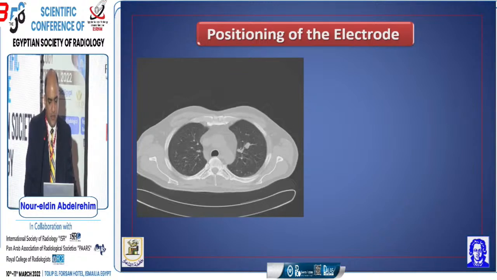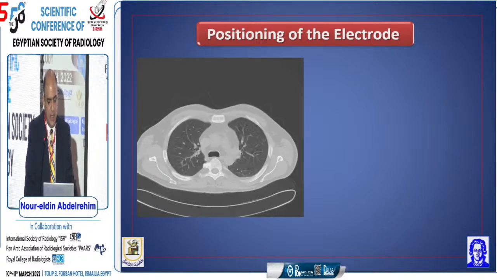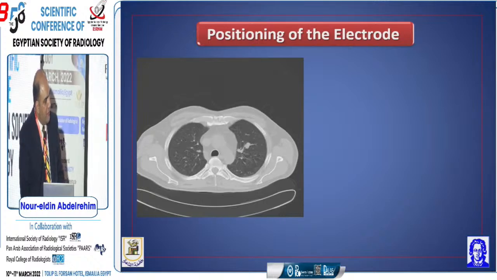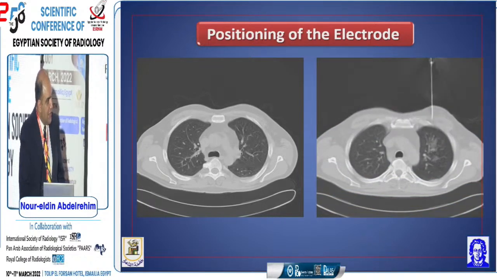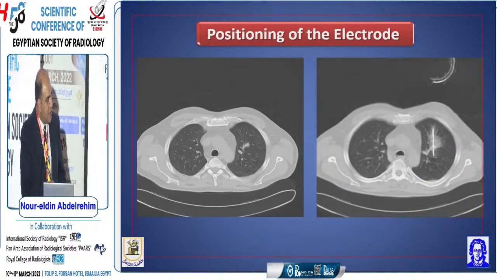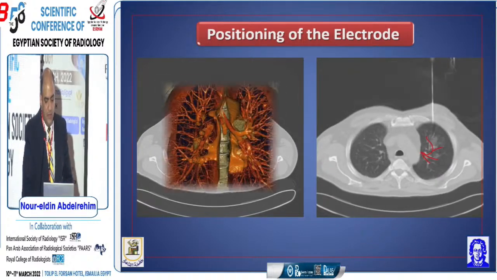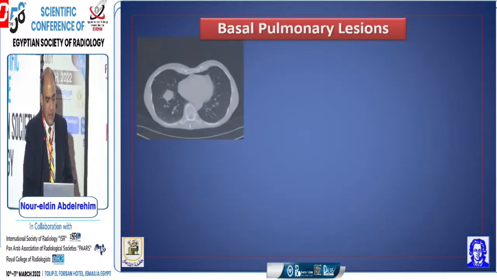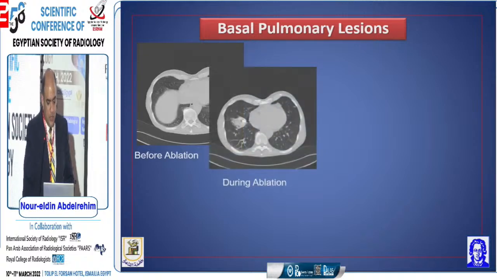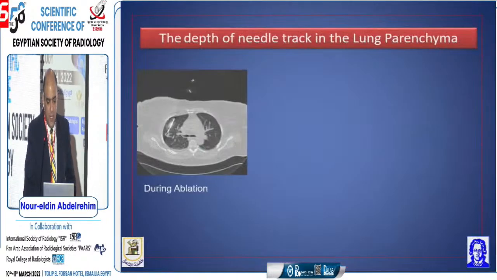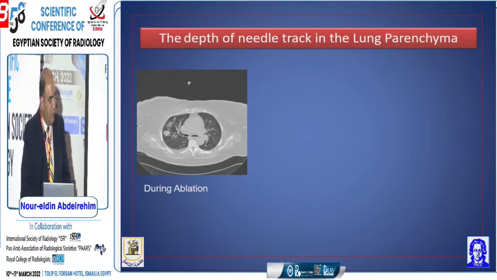Regarding positioning of the electrode, you can see in this example the lesion is centered over a pulmonary vessel, so getting access from the anterior aspect has a higher incidence of traversing pulmonary vessels, leading to more pulmonary hemorrhage. Basal lesions have the same effect, as movement of the diaphragm leads to more incidence of bleeding.